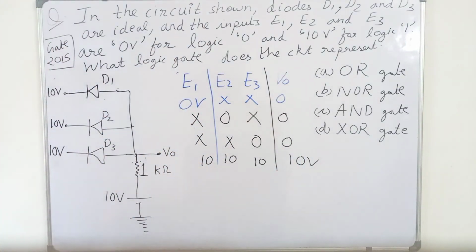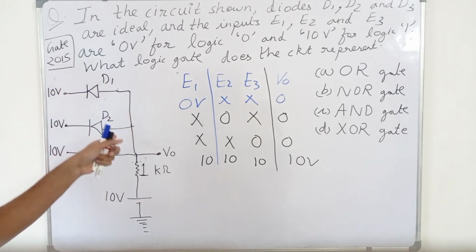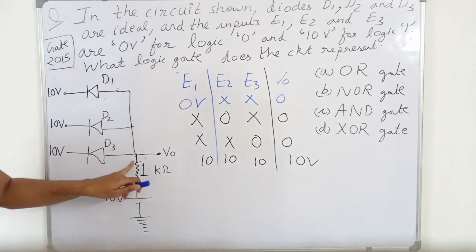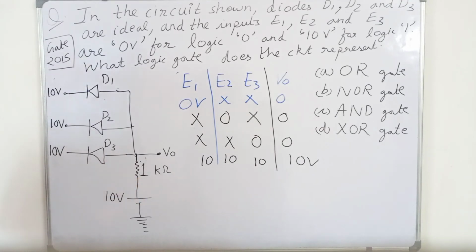So V0 will be equal to 10 volt, or logic 1, when E1, E2 and E3 are all 10 volts, because then D1, D2 and D3 are all reverse biased, so no current will flow. The current I will be equal to 0, so there will be no voltage drop across this 1 kilo ohm resistor.